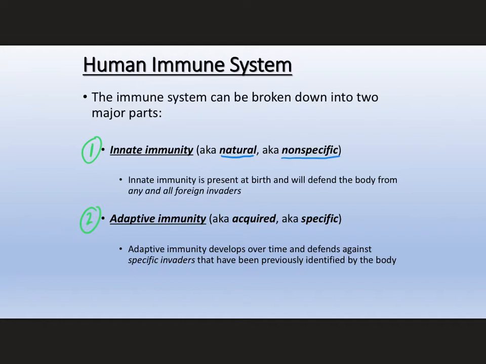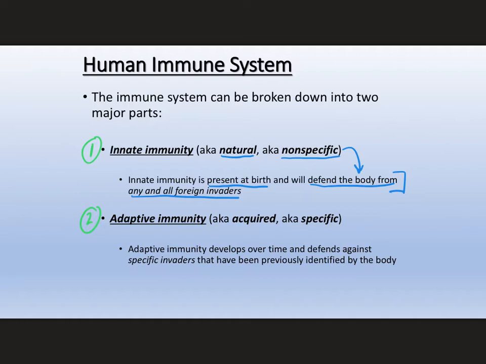These are all really good names because innate immunity is your protection that you are born with. That's what innate means, born in. So this is present at birth, and it will defend your body from any and all invaders, hence non-specific. Anything that might potentially cause you harm, your innate immune system will defend against.